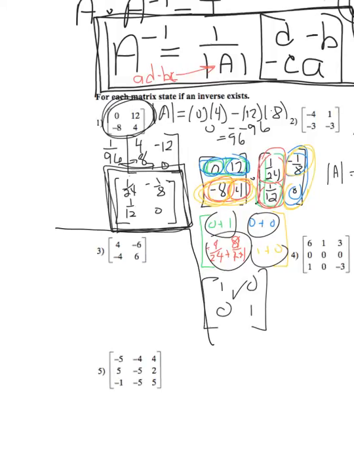All right, let's do number 3. I don't think it'll take that much space now. So I need the determinant of A. So it's going to be AD, so that's 4 times 6 minus BC, so -4 times -6. So I've got 24. Here I've got 3 negatives, minus 24, so that's 0. So it's going to be 0 times, it doesn't even care.